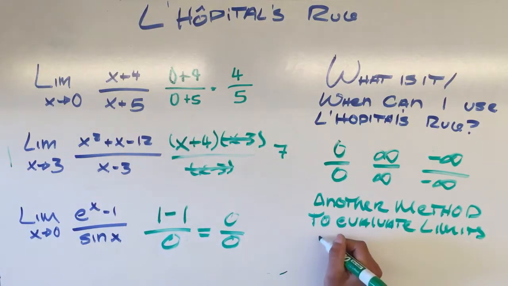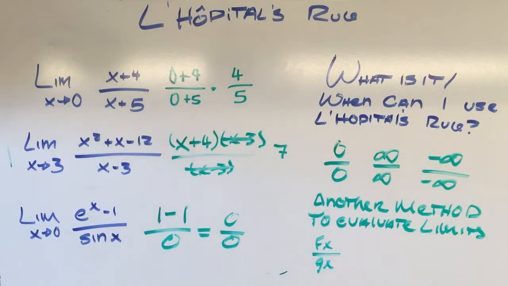So basically, if you have a limit that is f of x over g of x, then by using L'Hopital's rule, you take the derivative of the numerator over the derivative of the denominator, to get a new limit, which then you solve for.